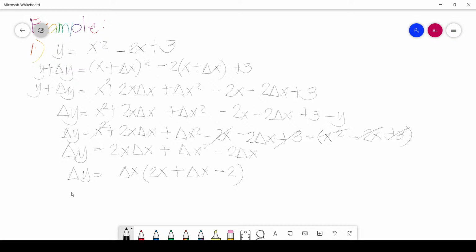So now, we have to divide. The next step is to divide the whole equation by delta x. So delta y over delta x is equal to 2x plus delta x minus 2.